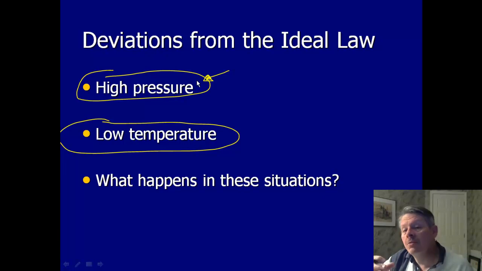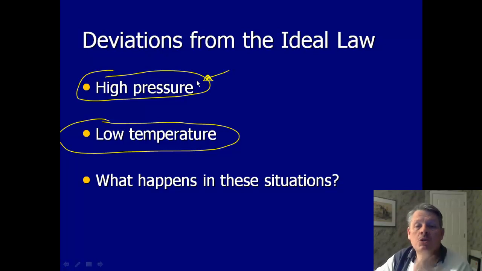Now if that big, huge space between them is just tiny, then the size of the molecule makes a difference. So that's a deviation from the ideal gas law. The other thing is if we're under really low temperature. The molecules are not moving quickly anymore, so they have time to grab a hold of each other as they go by each other.